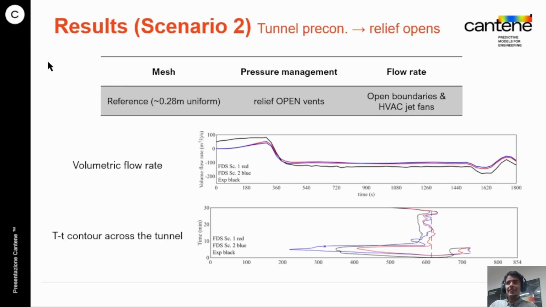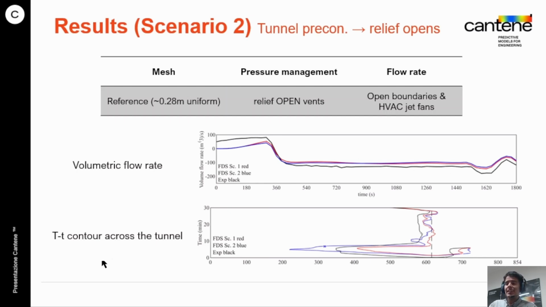Now, in the second scenario, we change the tunnel preconditioner, so we stop using the tunnel preconditioner, and we add the relief opens across the tunnel. Here we can see that when it comes to the volumetric flow rate, the change is very small. The blue is the new simulation and the red line the past scenario, and they are mostly the same.